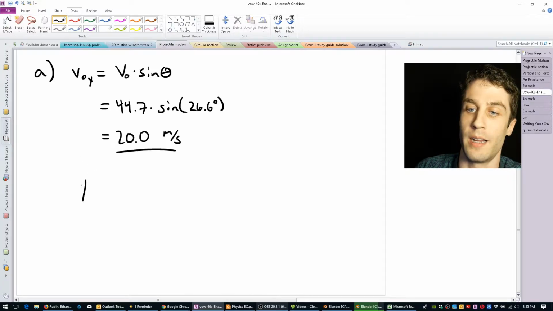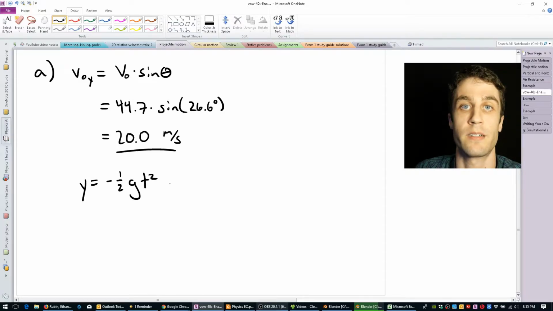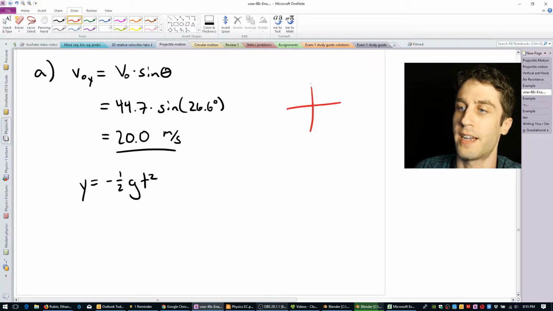So y is equal to, I'll go ahead and already write, negative 1/2 gt squared. Negative because the acceleration is in the downward direction. I'll briefly sketch it out, but I'm not going to do it for every problem.